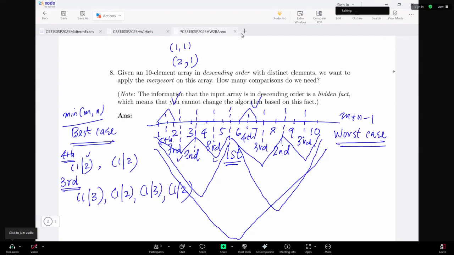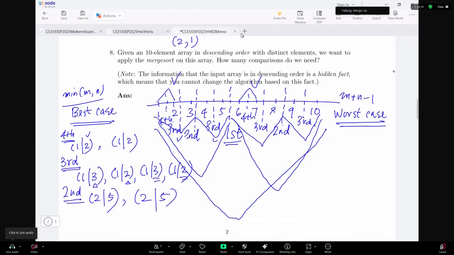Then the second round: this time we need to merge elements 3 and 2. 3 and 2, minimum 2. The minimum is 2, vertical bar, the sum of these two numbers, 5. Then 3 and 2 again, minimum 2, total number 5. So the second round is these numbers.